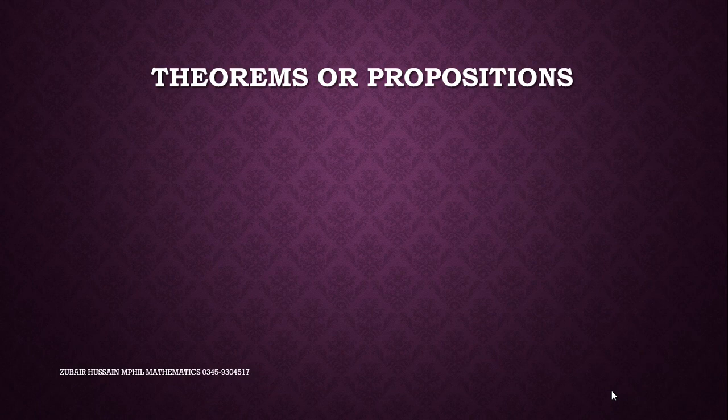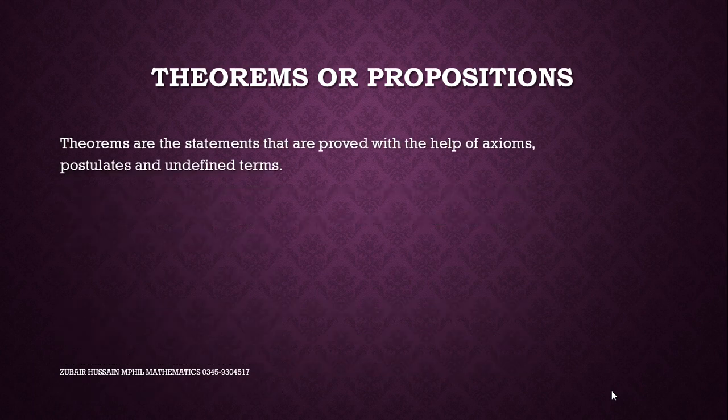Now come to the main topic, that is called theorem or proposition. Theorems are also called propositions. Most students don't know what a theorem or proposition is, so let's learn about theorems. Theorems are statements that are proved with the help of axioms, postulates and undefined terms.